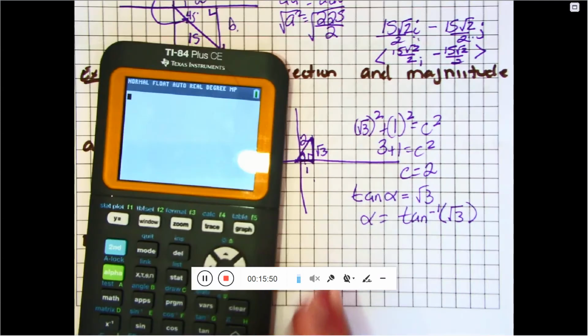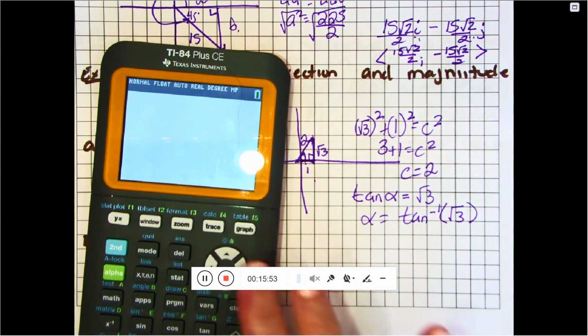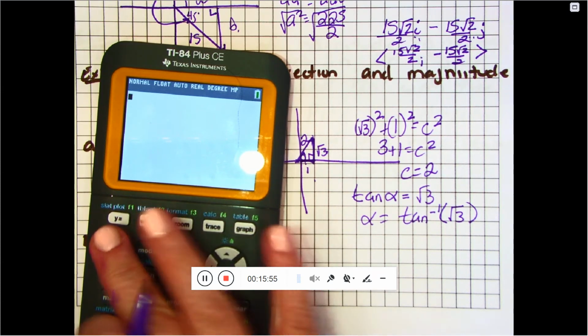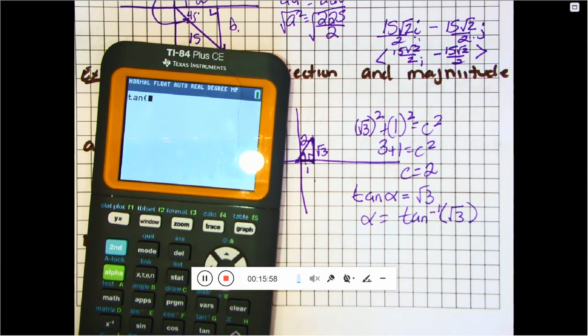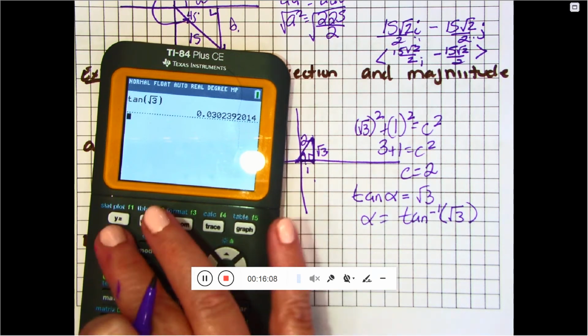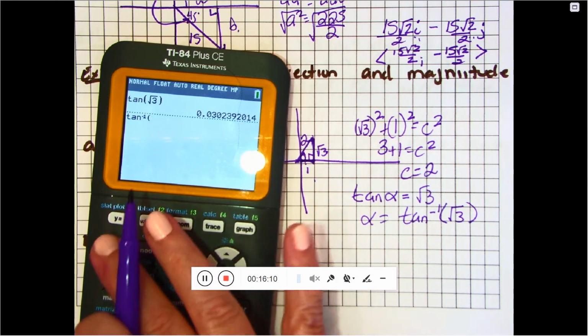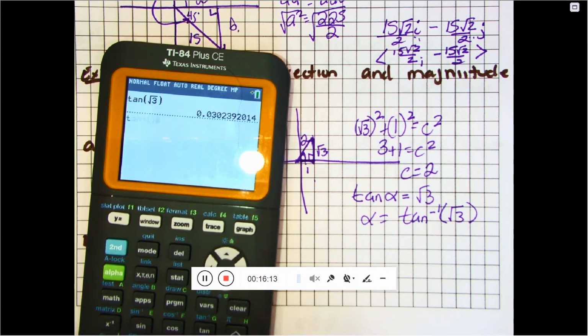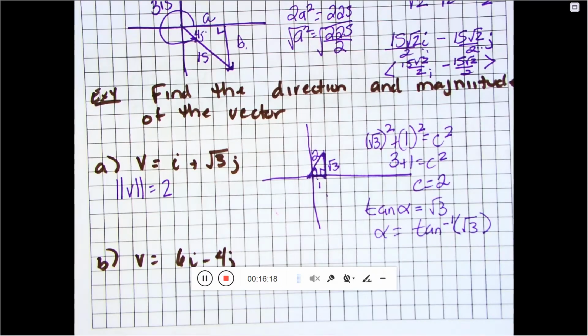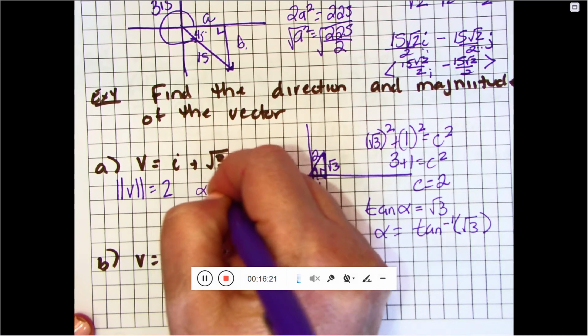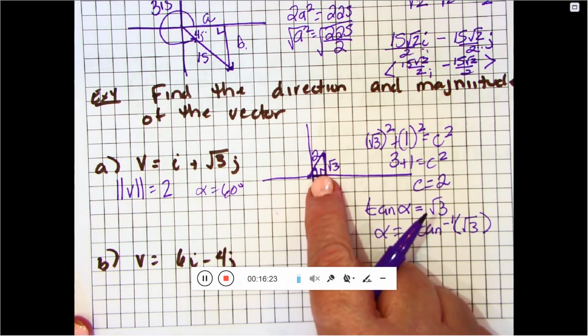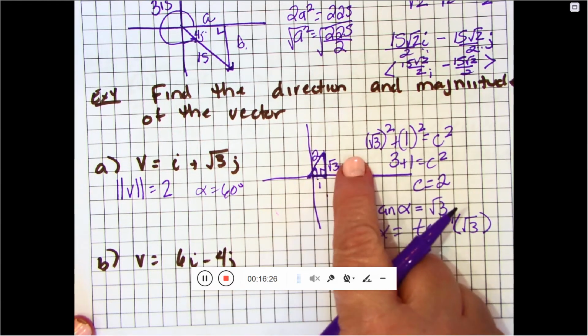And if you don't remember your good old unit circle, you could just use your calculator, put it in degree mode, and go tan inverse of rad 3. And it's 60 degrees. So the direction is 60 degrees. It makes 60 degrees with the positive x-axis, and it's got a magnitude of 2, the length.